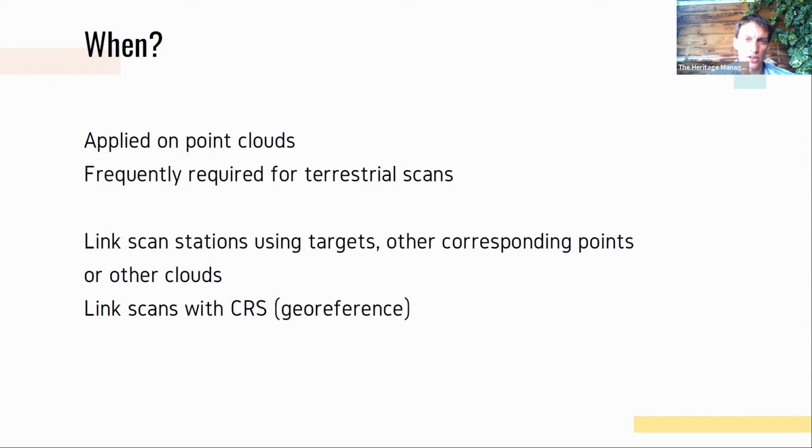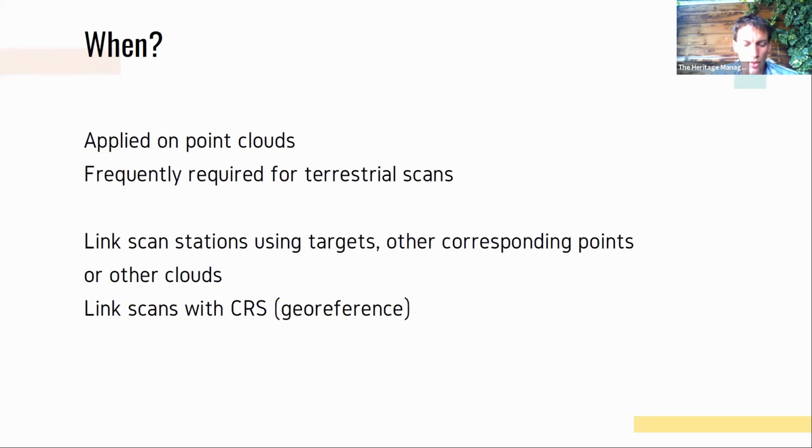The more modern laser scanners have the ability to automatically register your point cloud. So you make a scan, you measure your targets, you go to the next scanning position, you measure your targets again, and the scanner automatically calculates these transformation parameters for you.